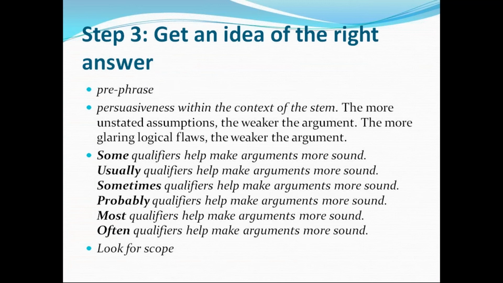So get an idea of the right answer. Persuasiveness within the context of the stem. The more unstated assumptions, the weaker the argument. The more glaring logical flaws, the weaker the argument. Now, if you see words like some, usually, sometimes, probably, most, and often, these are words which usually strengthen the argument because they qualify any claims that are being made.